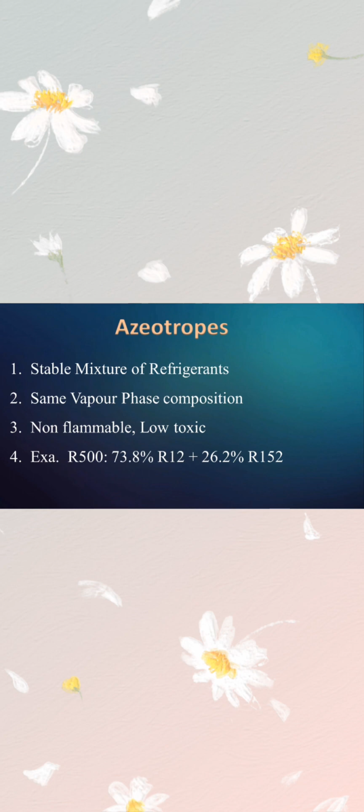R500 has a fairly constant vapor pressure curve with evaporator pressure 1.37 bar and condenser pressure of 7.78 bar. It has a boiling point of minus 33 degrees Celsius. The latent heat of vaporization is 192 kJ per kg. We find applications of azeotropes in commercial systems.